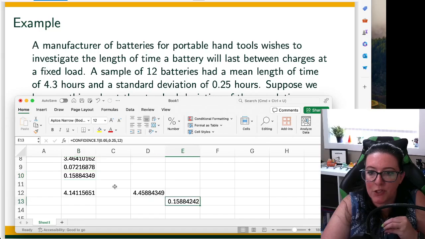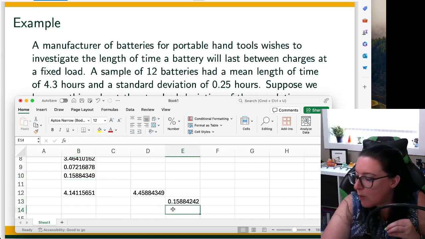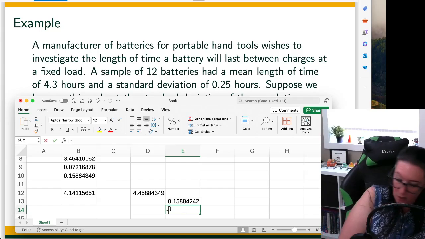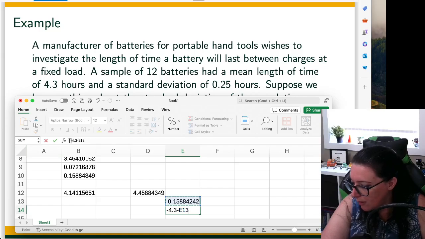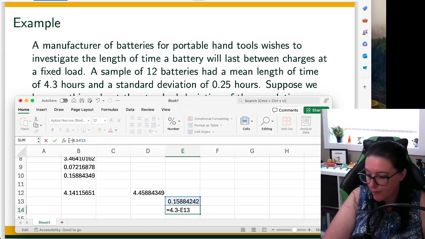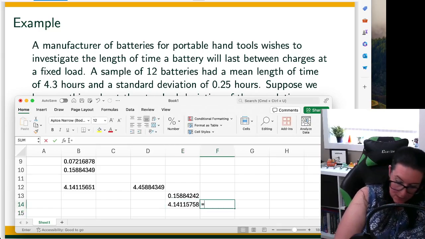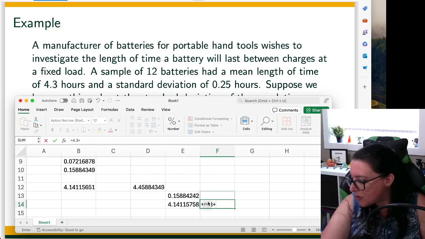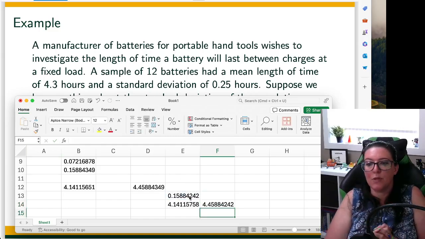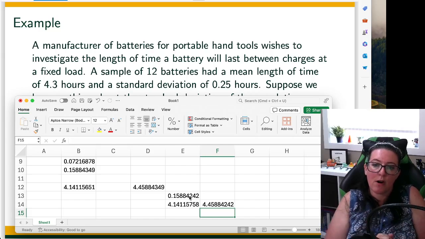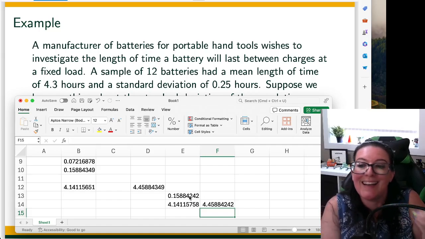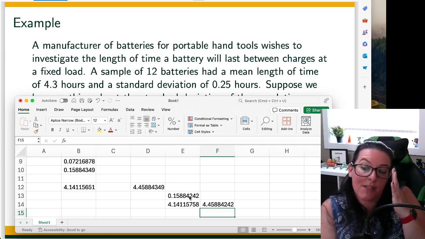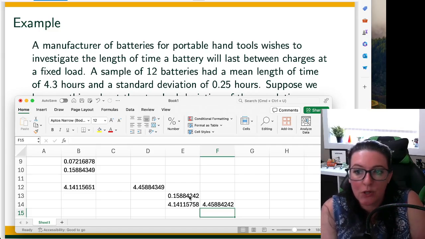So these numbers should match here. If you want to actually get the lower and upper bound, what we have to do is take our point estimate of 4.3 and subtract that margin of error. Of course, it's got to be equals, not negative here. Equals 4.3 minus the margin of error gives the lower bound, equals 4.3 plus the margin of error gives us the upper bound. 4.14 to 4.46 is the range that we can be 95% confident of. And here the difference is we don't have the standard deviation of the population, only of the sample.